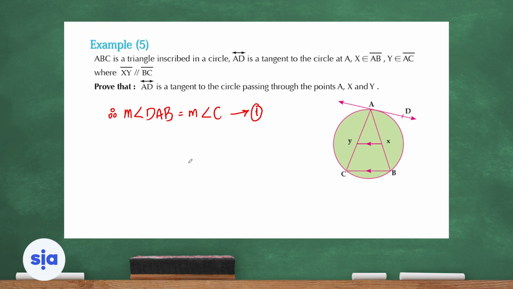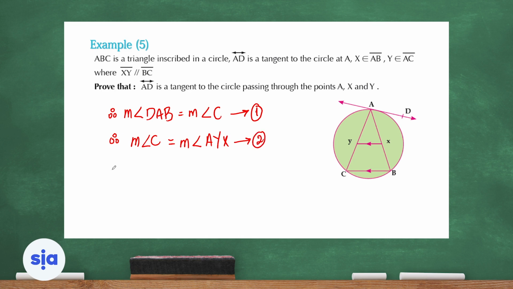From the second given that XY is parallel to BC and AC is the transversal, the measure of angle C is equal to the measure of angle AYX. And this is the second remark.